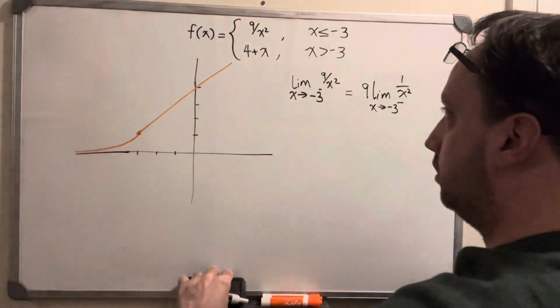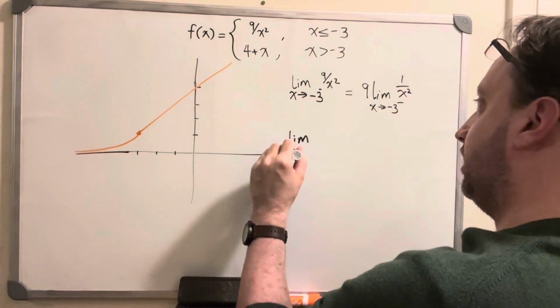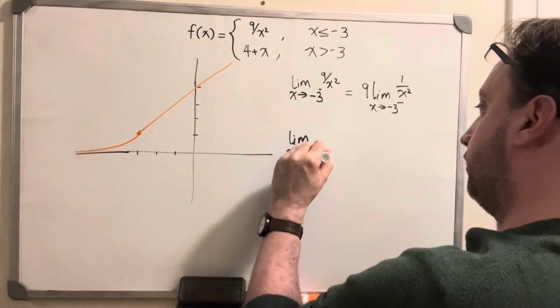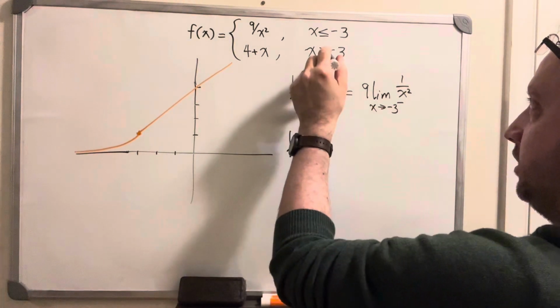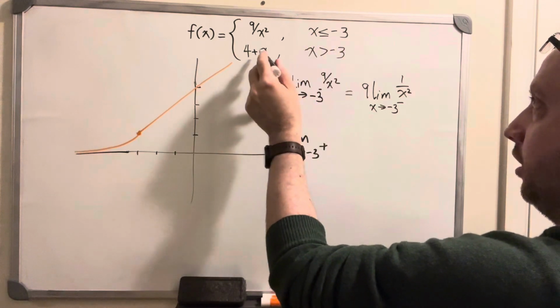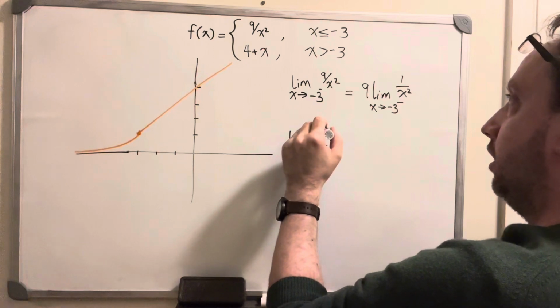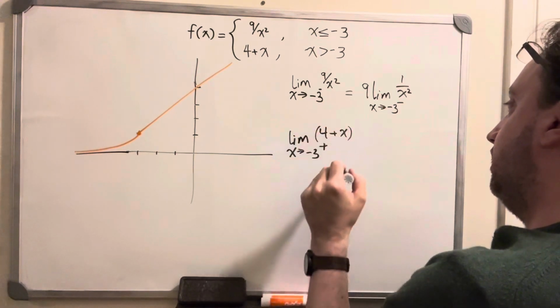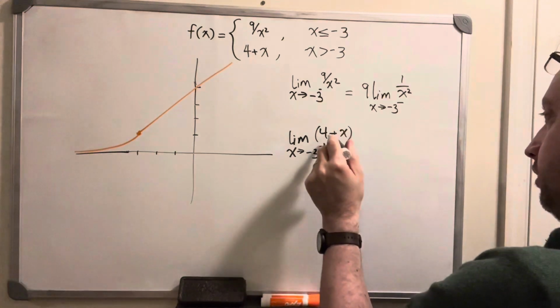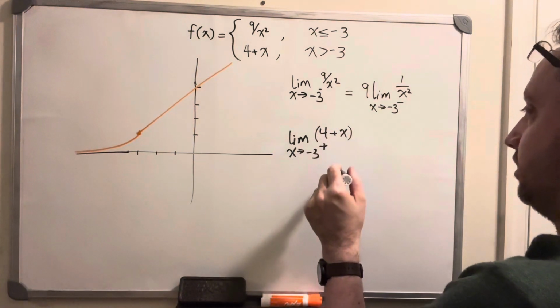Now let's do the limit as x approaches -3 from the right. Now this is the part of the function that is to the right of -3, so you can make this 4 plus x. And we know the limit of a sum is the sum of the limits.